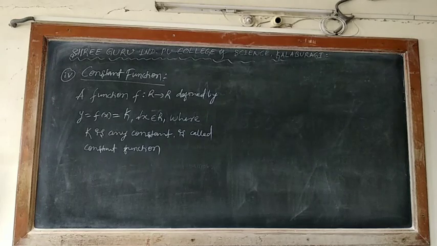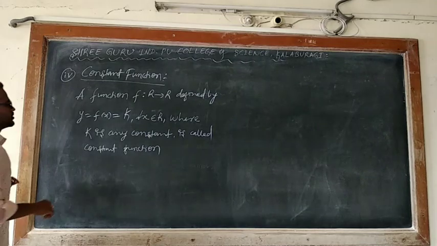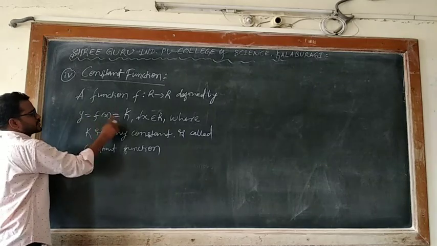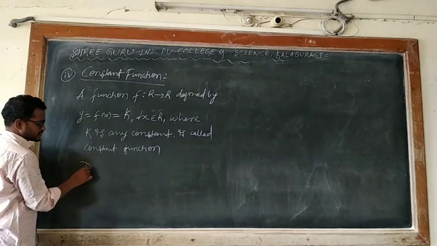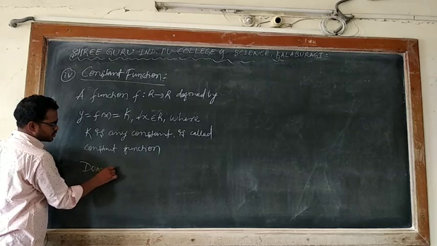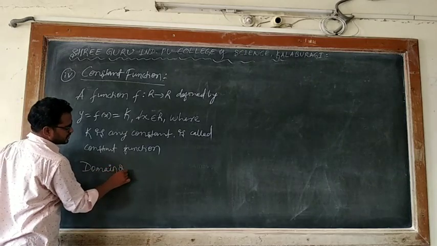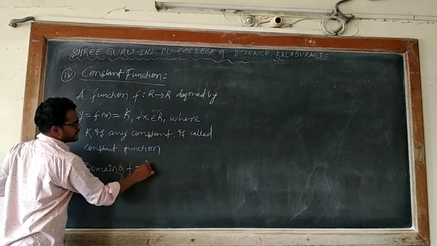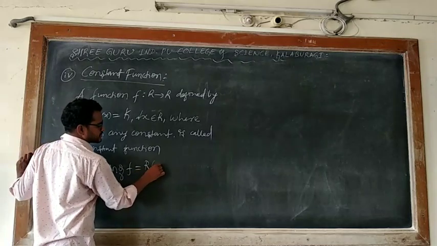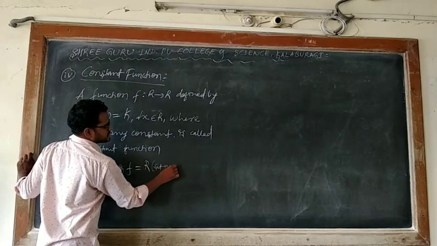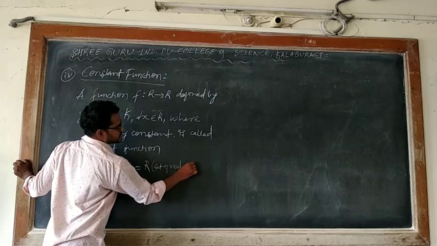If k is 5, it will be 5 always. Whatever x you take, the y value will be k only. Domain of f is the set of real numbers. You can take any number.